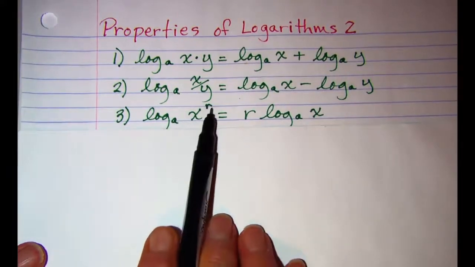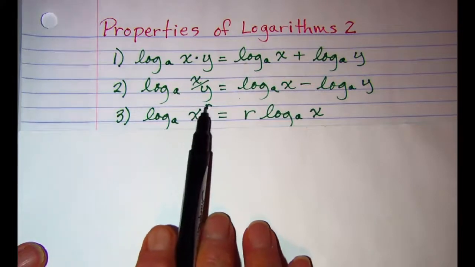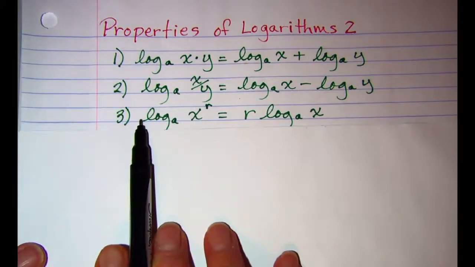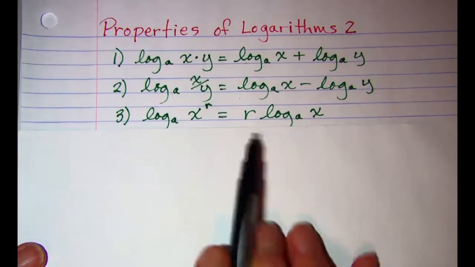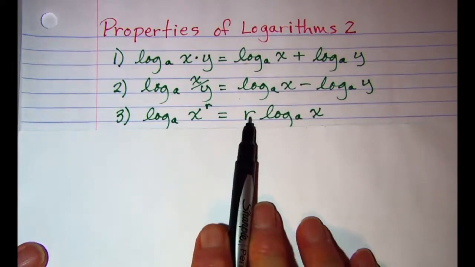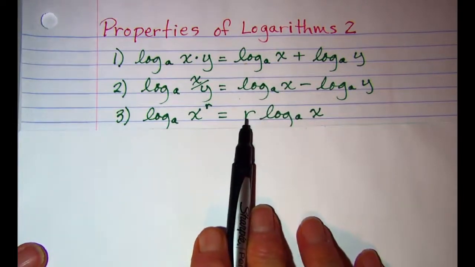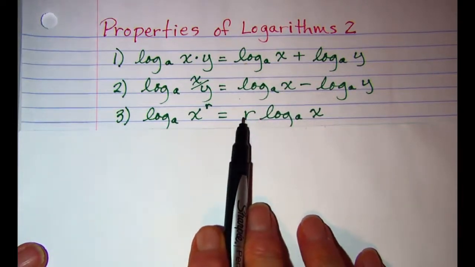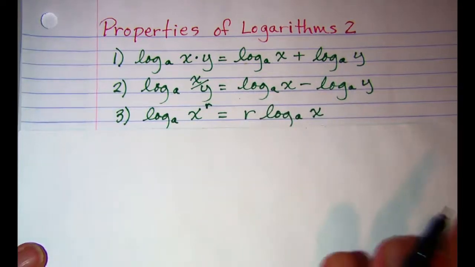If you have an exponent on the argument, you can bring that exponent out in front of the logarithm. Or if you have a product of some number times a logarithm, you can, if you like, take that factor and write it as the exponent on the argument.